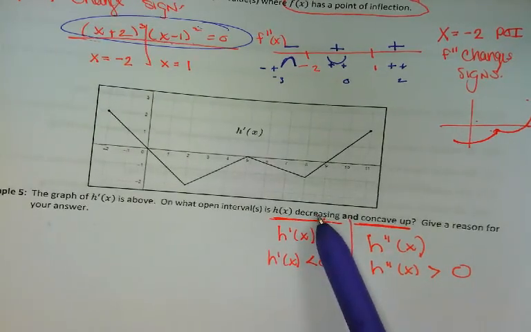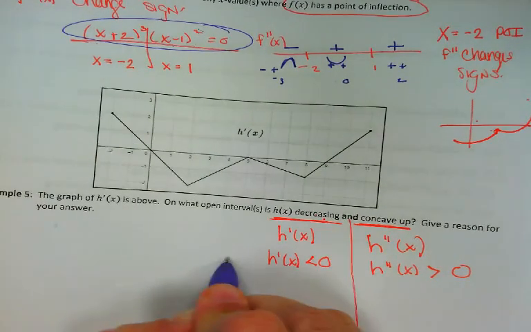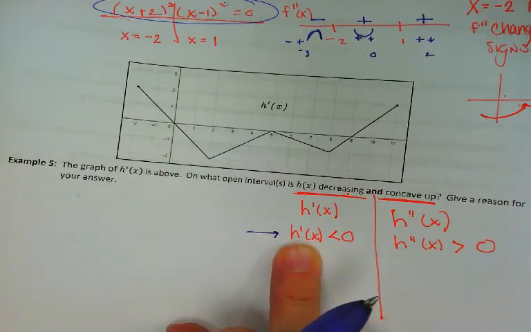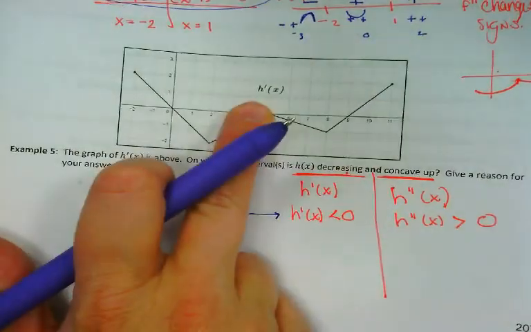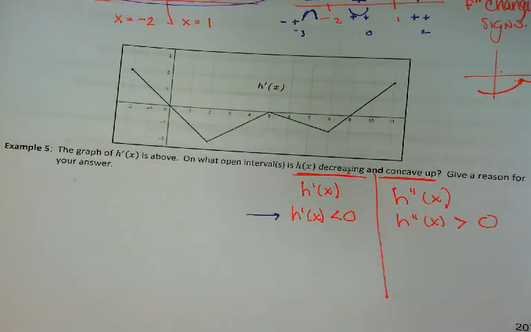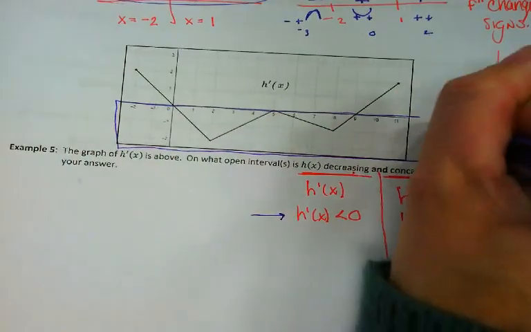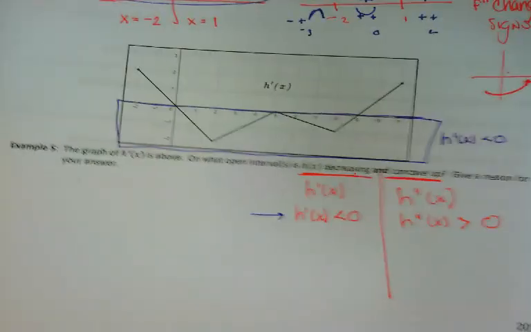So I've got two things cooking at the same time here. Okay, I have to be decreasing and concave up. So let's start with decreasing. And again, if you write your justifying down, this is usually very easy. If I am decreasing, H prime has to be less than 0. Now you happen to be staring at H prime. So where are you just looking? You are looking below here. This is where h prime is less than 0.